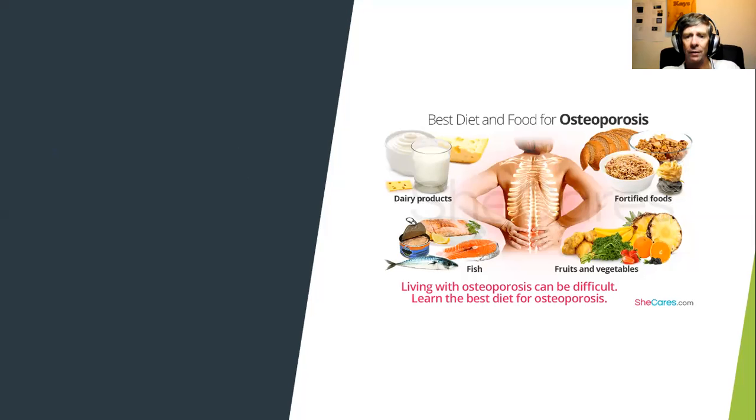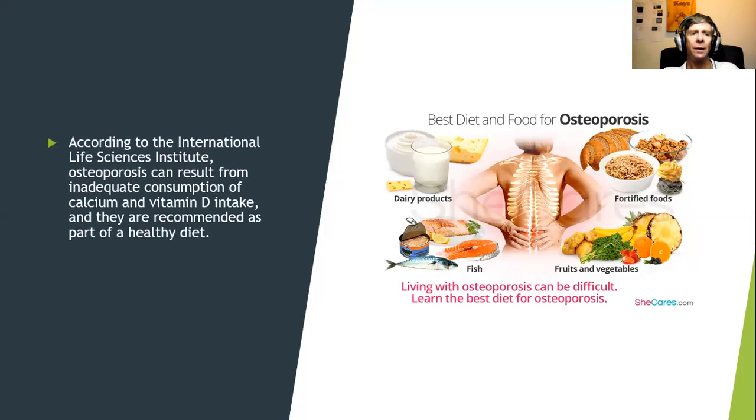Fortified foods, fish, fruits and vegetables. We're not getting those things in the amounts that we should be getting. And according to the International Life Sciences Institute, osteoporosis can result from inadequate consumption of calcium and vitamin D intake, and they are recommended as part of a healthy diet.